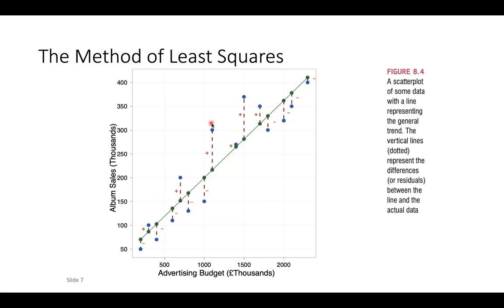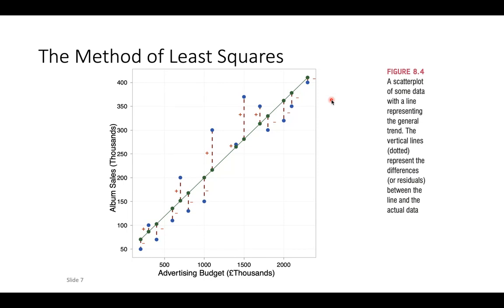Which is something that is important to realize. These blue dots are actual real data. They are real advertising budgets and real albums sold for a particular artist. These blue dots represent things that actually happened in the world. The green line, which is our regression equation, is not actually something that exists in the real world.